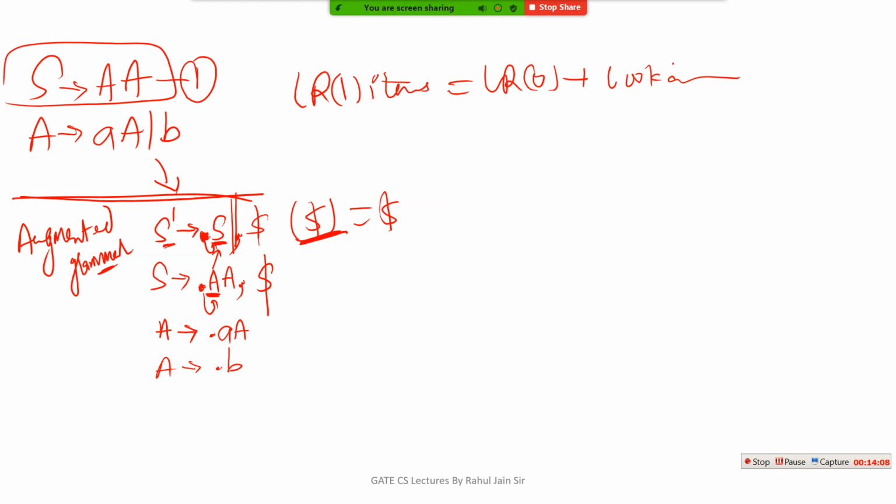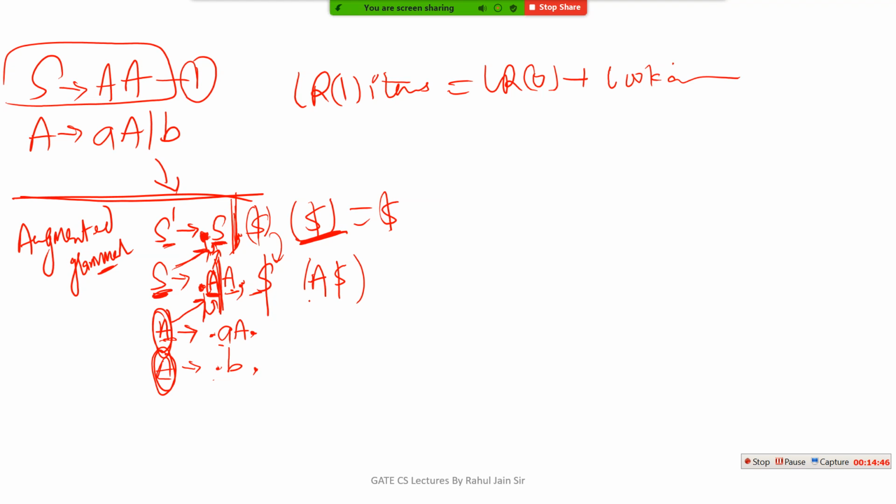But we need to find the look aheads of A. The look ahead of this A will be determined from the previous step, that is, what is after S. There is nothing after S, only dollar, so I put dollar as the look ahead. Now for the look ahead of this A, after traversing this A, I am left with only A and dollar.